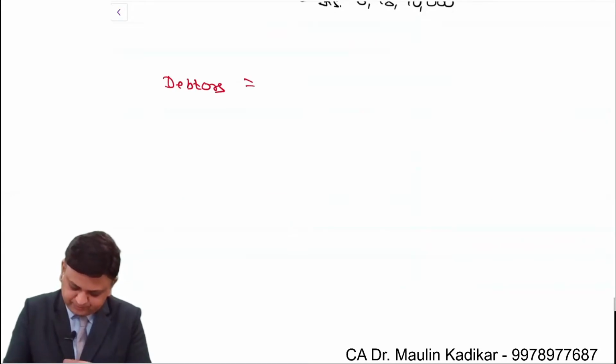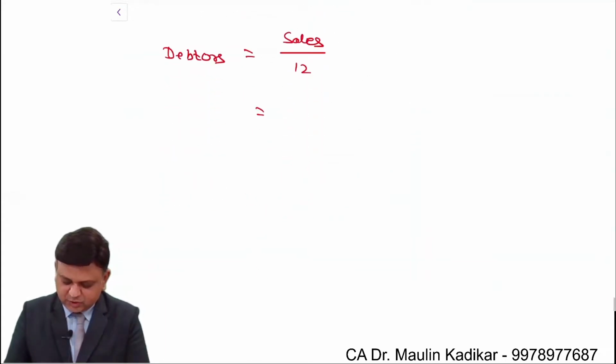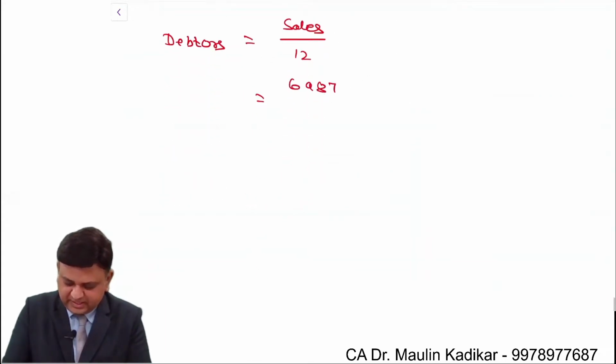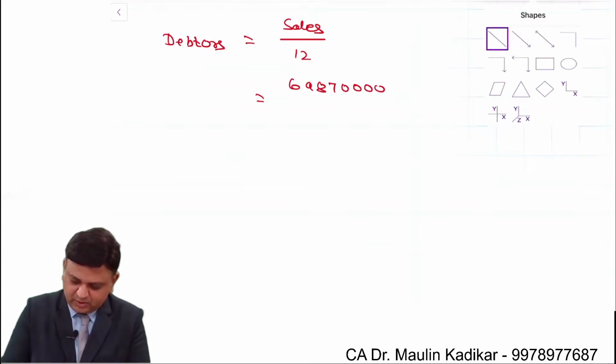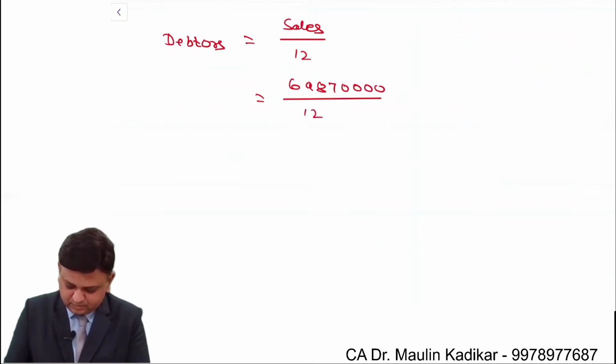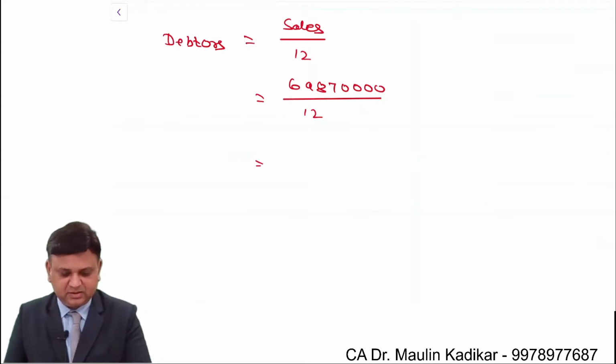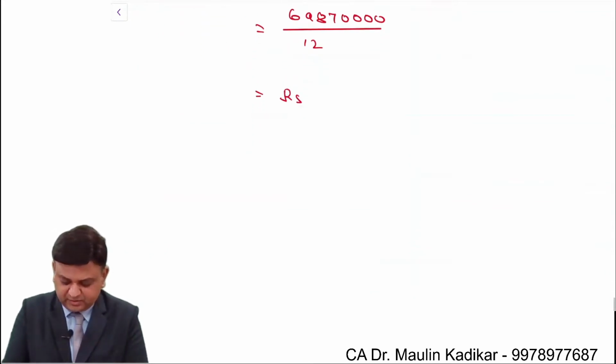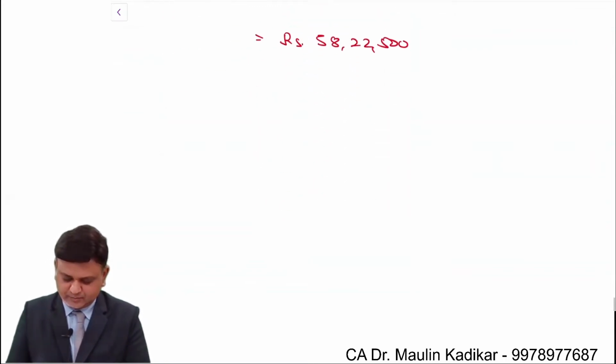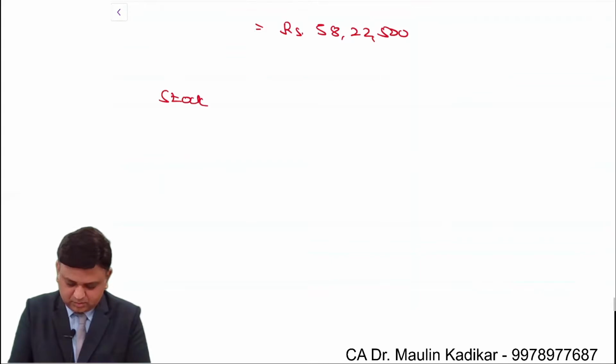Debtors is equal to sales divided by 12. So 6 crore 98 lakh 70,000 upon 12, that is 698,70,000 divided by 12, which is 58 lakh 22,500. Stock is COGS upon 16.